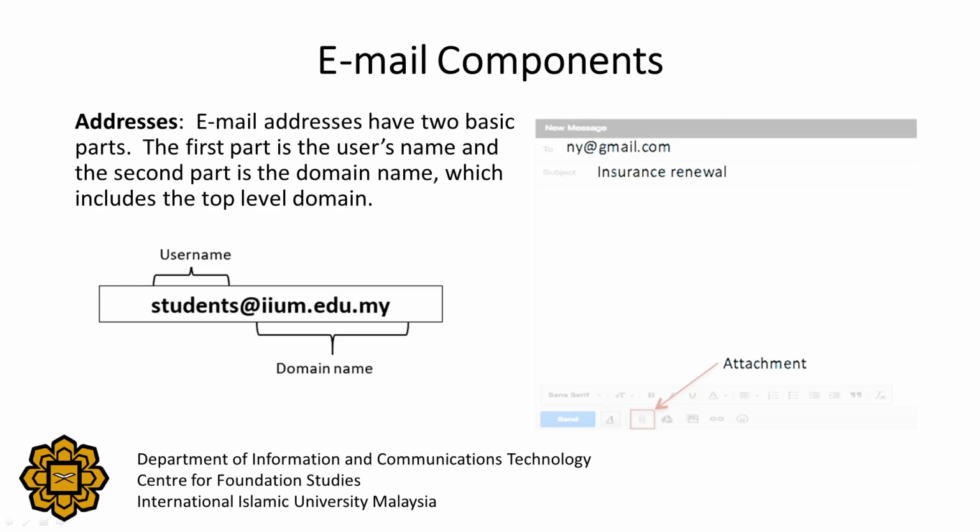So what does CC mean? In email sending, CC stands for carbon copy. Back in the days before the internet and email, in order to create a copy of the letter you were writing, you had to place carbon paper between the paper you were writing and the paper that was going to be your copy.